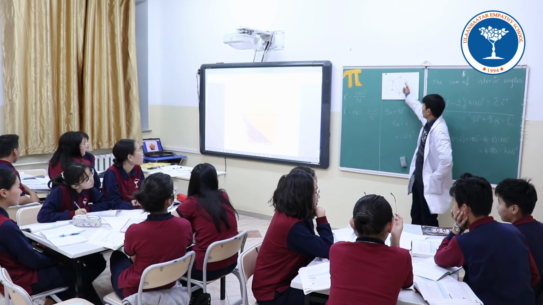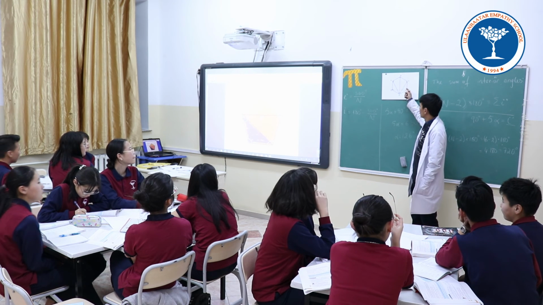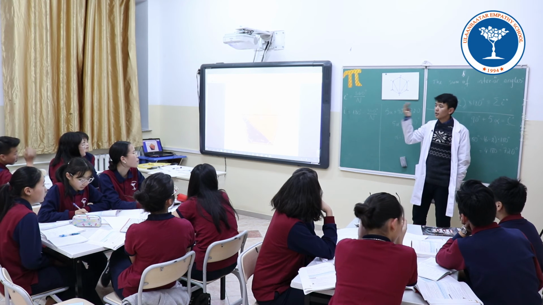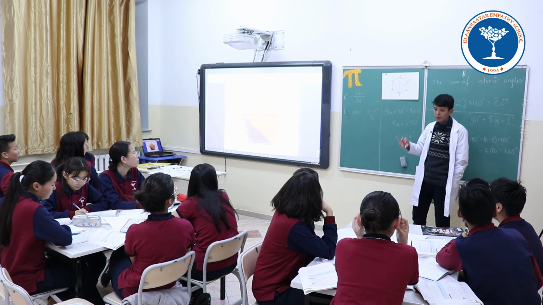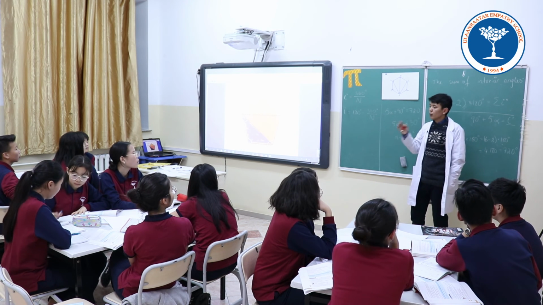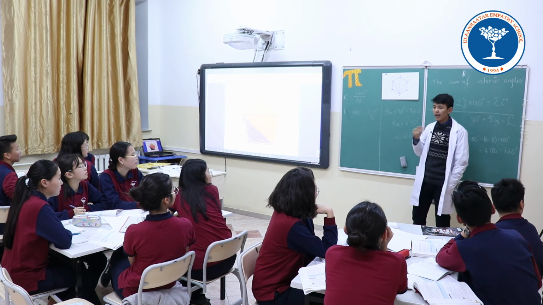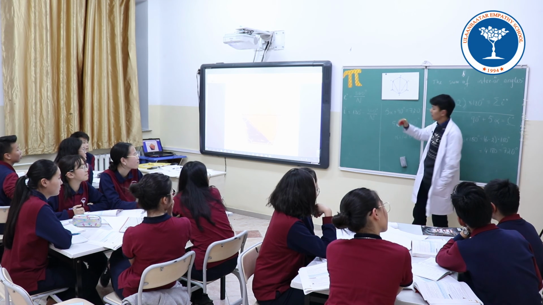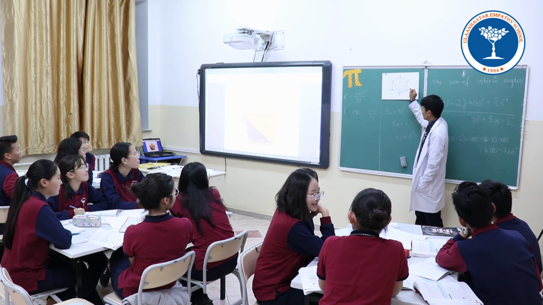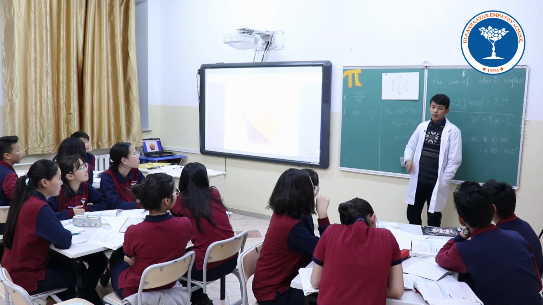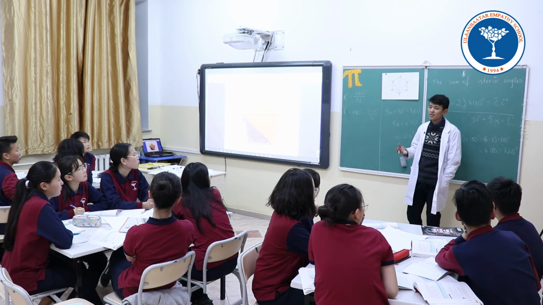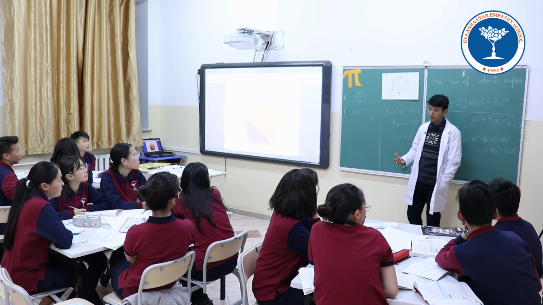First, we talked about polygons. A polygon is a two-dimensional shape or plane shape with straight lines and angles with a closed circuit. Understand? This is a polygon. And we have regular polygons. A regular polygon has all sides and angles equal to each other.